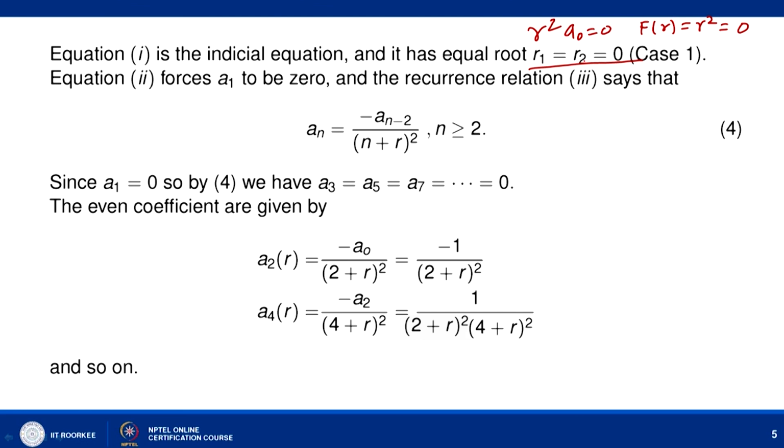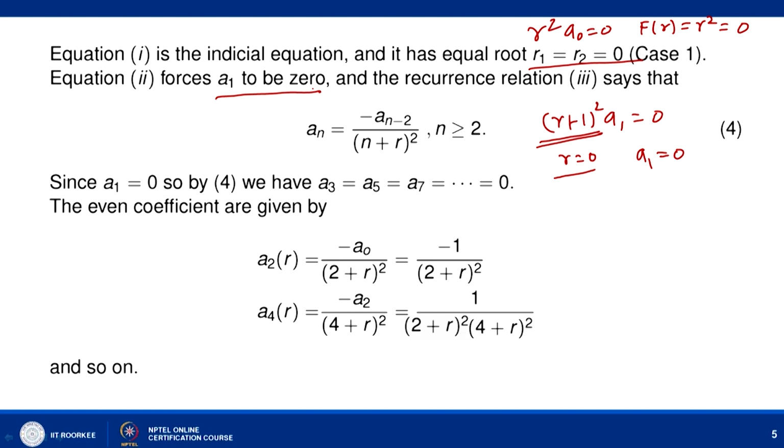So, here we have an equal root of the initial equation. Now, if you look at the second equation, that is r plus 1 whole square a 1 equal to 0. If you take r equal to 0, then this term is non-zero, so a 1 has to be 0. From the second equation we say that a 1 has to be 0.